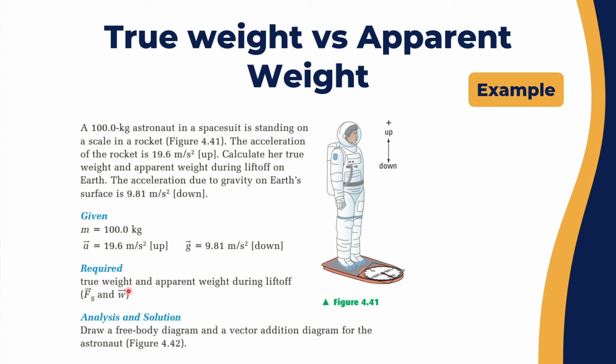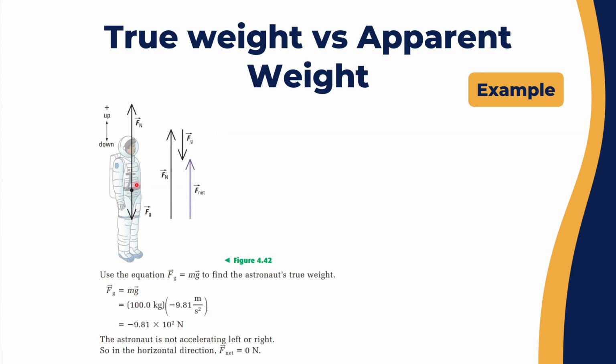Find the Fg and the weight: the true weight, which is the gravitational force, and the apparent weight, which is W that we found previously. Firstly, we draw a free body diagram for the astronaut. We have the gravitational force pulling downwards and the normal force pushing upwards, and drawing the vector schematic for those forces, you have F net pushing upwards.